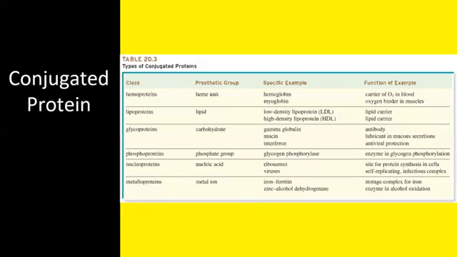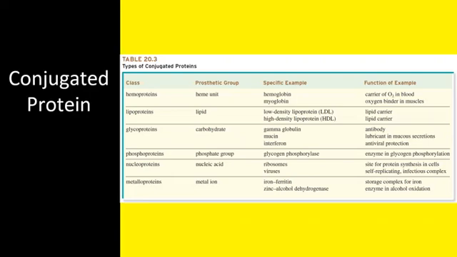So we have here some examples. Hemoprotein is an example of a conjugated protein, and the prosthetic group is the heme unit. That is how we are going to name this type of protein. Another one is lipoprotein. The prosthetic group now is the lipid, which functions as a carrier of lipids or fats in our body.